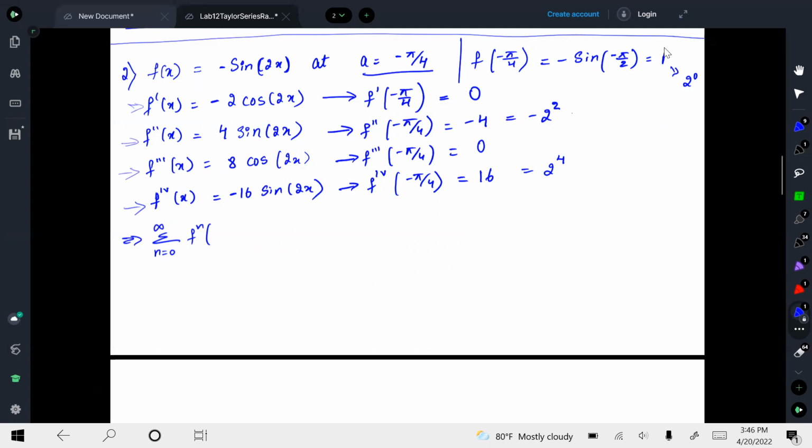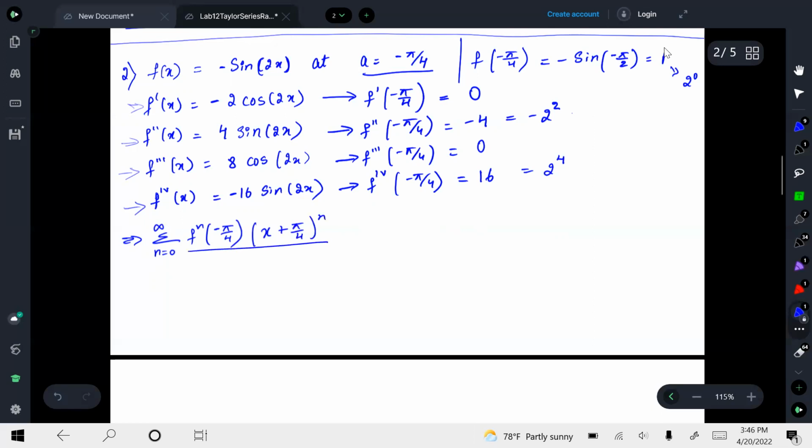So instead of finding the nth derivative, we can do it this way as well. So the point a is negative pi by 4, of x minus a. So x plus pi by 4, to the power of n divided by n factorial. Now let us expand the series.